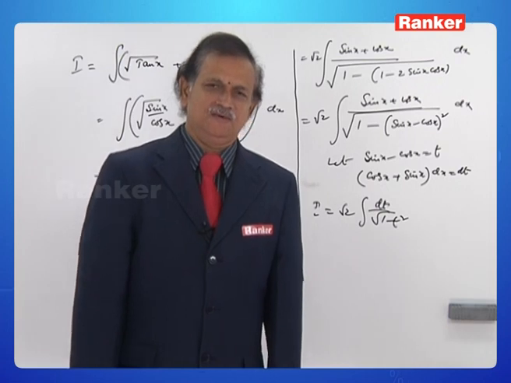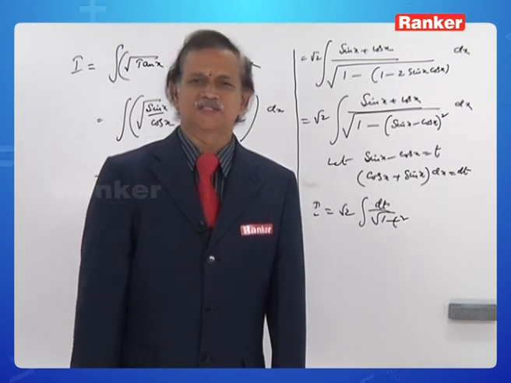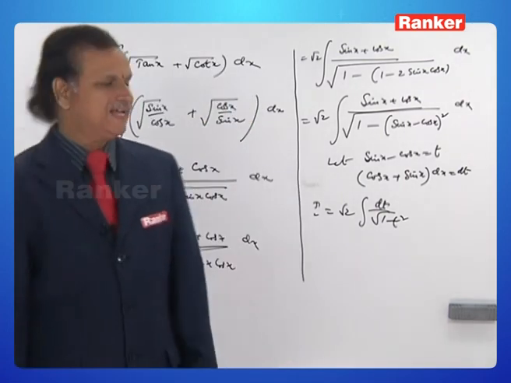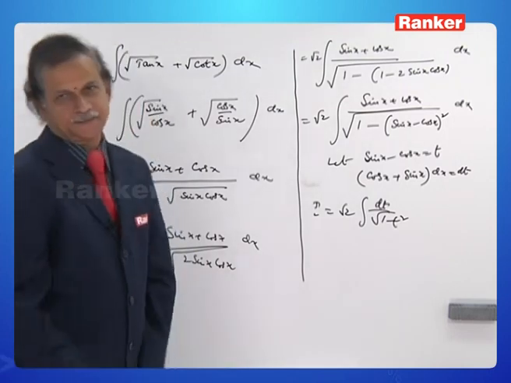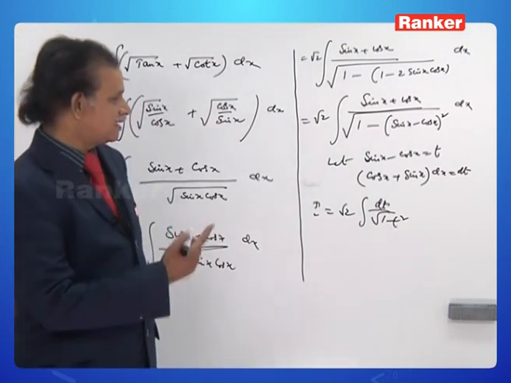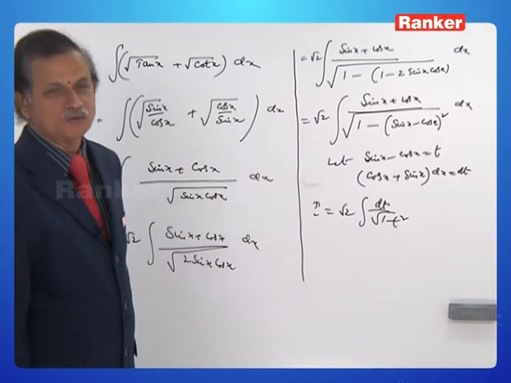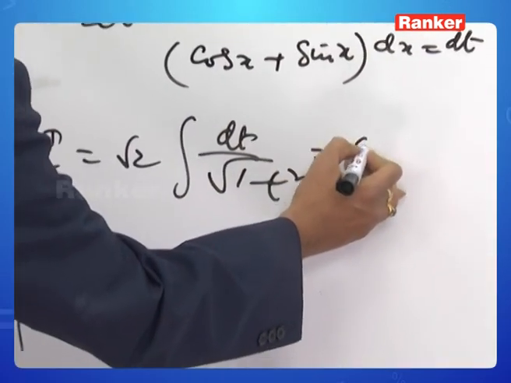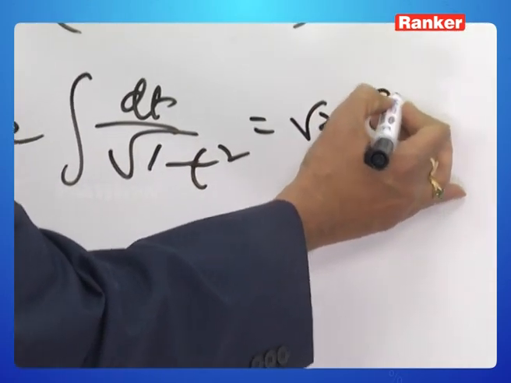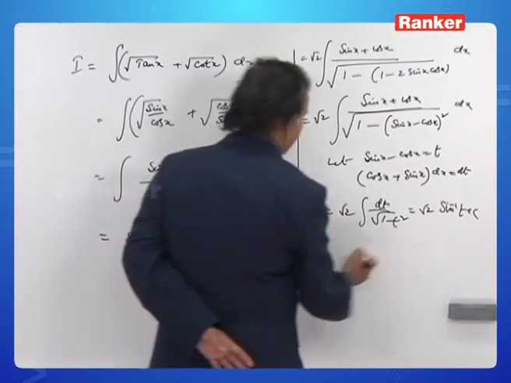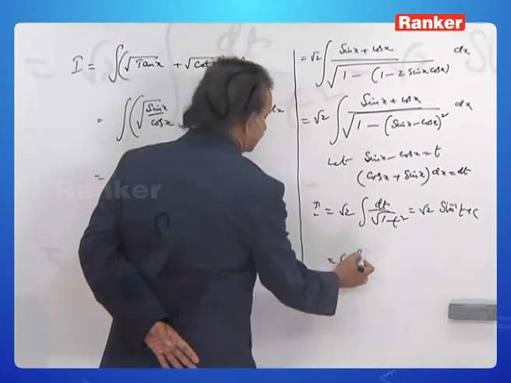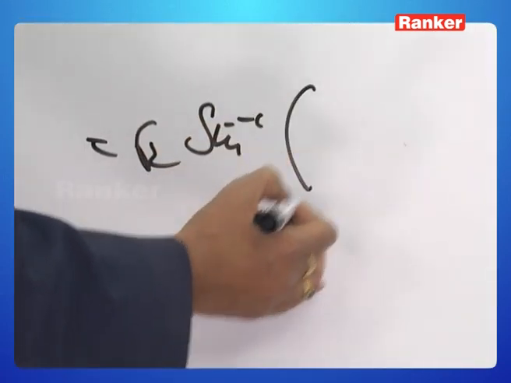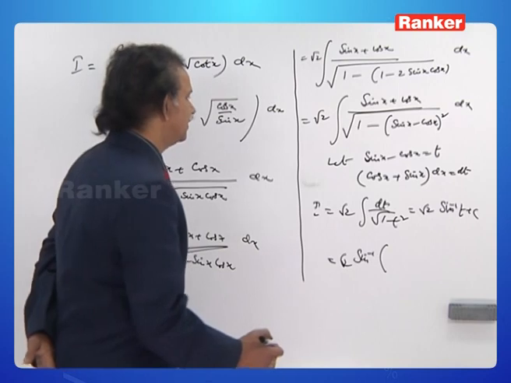Of course, what is the integral of 1 by root of 1 minus x square? It is sin inverse x, and hence it is sin inverse t, isn't it? Its integral is sin inverse t. Hence, this is equal to root 2 into sin inverse t plus c. That is equal to root 2 into sin inverse of, come on, what is t? Sin x minus cos x.